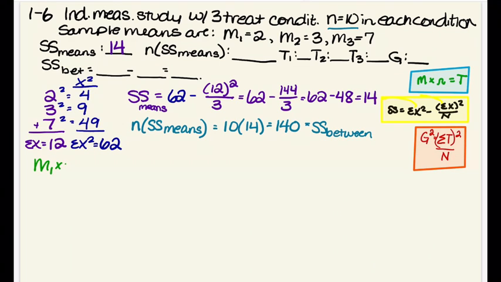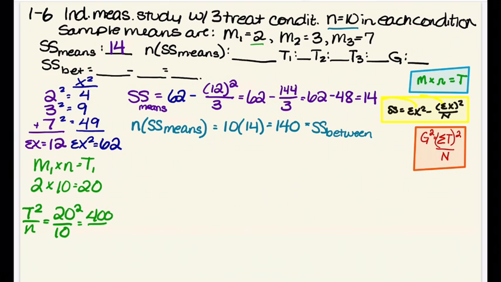Next, we're asked to find the total T for each sample and the grand total G. Well, the mean times n equals T, so we'll take each mean, multiply it by n, and we'll come up with our T values. Now, we'll also calculate the value of T squared divided by n, because we'll need to use it later. So the value of T1 is 20, and T squared divided by n is 40.